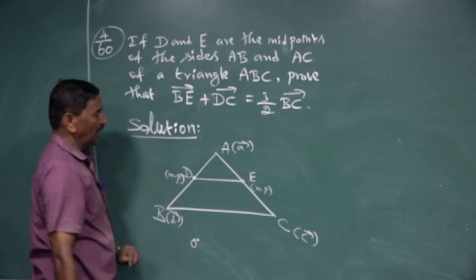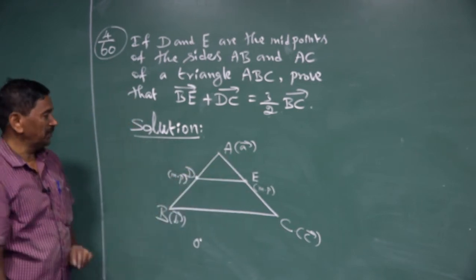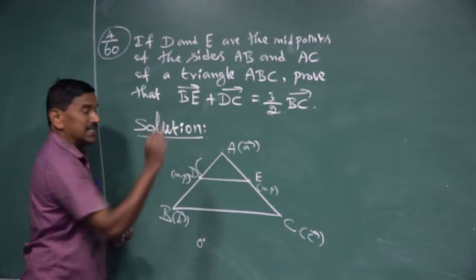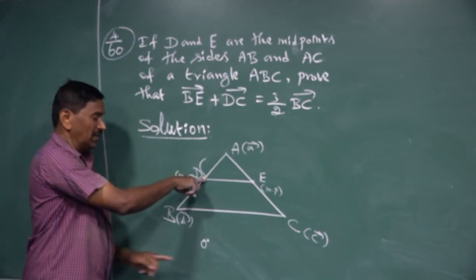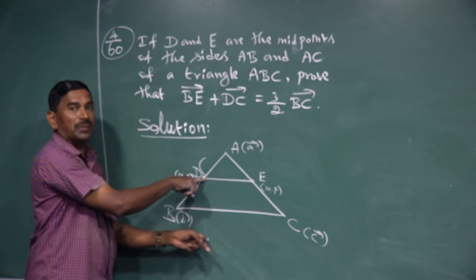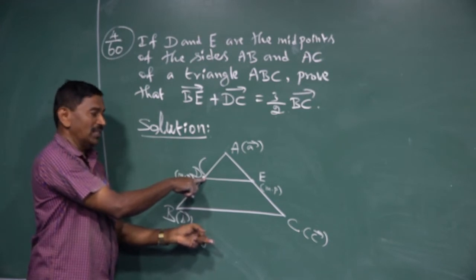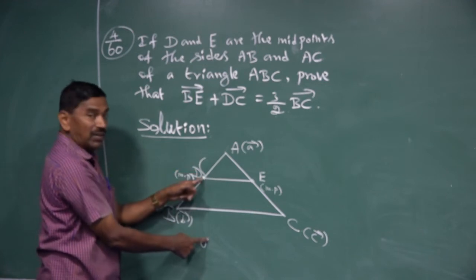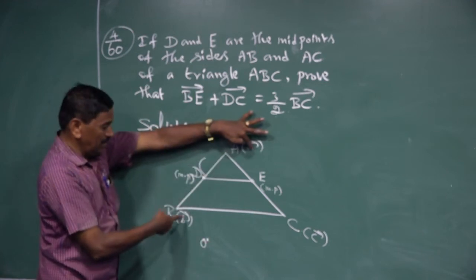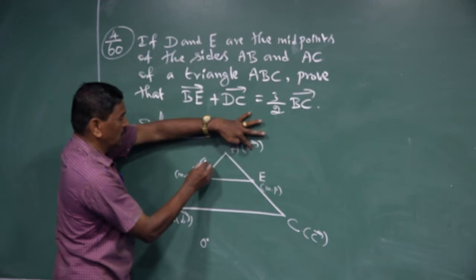Now come to the keyword midpoint. The position vector of D with respect to origin O is given by the midpoint formula. Here D is the midpoint of AB, therefore OD vector is equal to a vector plus b vector by 2.